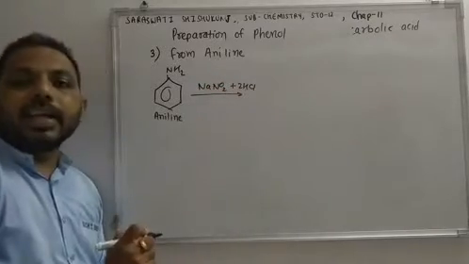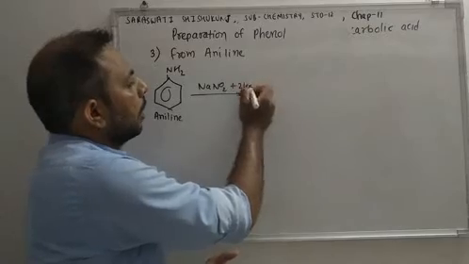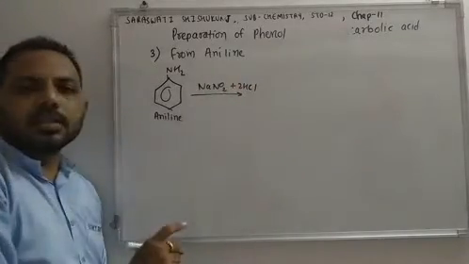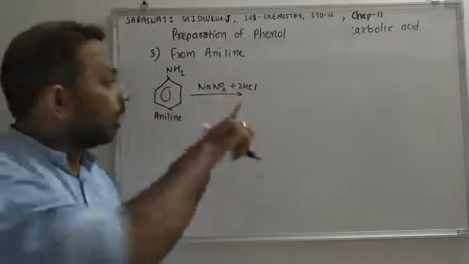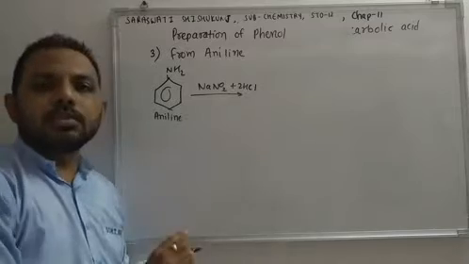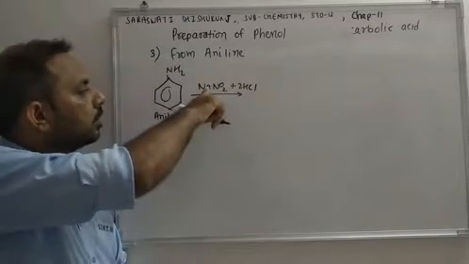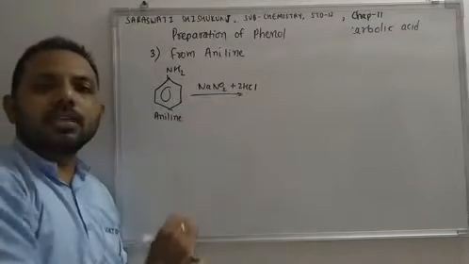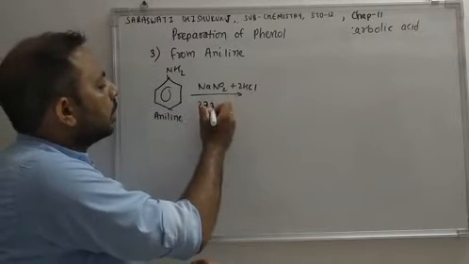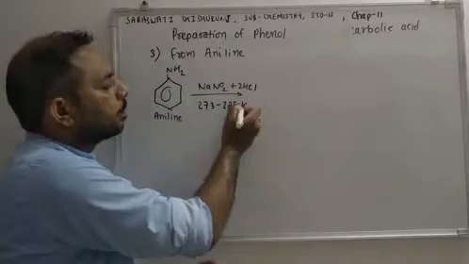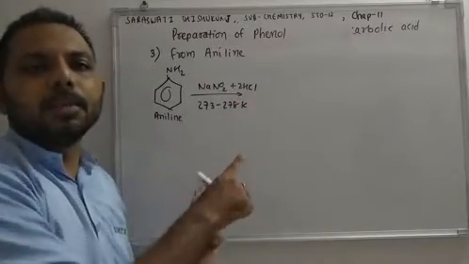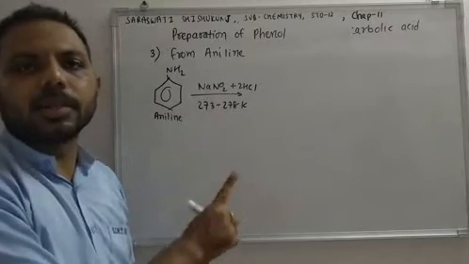We can directly write HNO2, but more specifically we can write NaNO2 plus HCl. In the textbook they have written only one HCl, but I have already discussed that there will be two HCl, right? So this is a combination of NaNO2 plus 2HCl. It will form nitrous acid. Temperature is 273 to 278 Kelvin. I am not discussing this reaction in detail because we have already discussed it in chapter number 10.